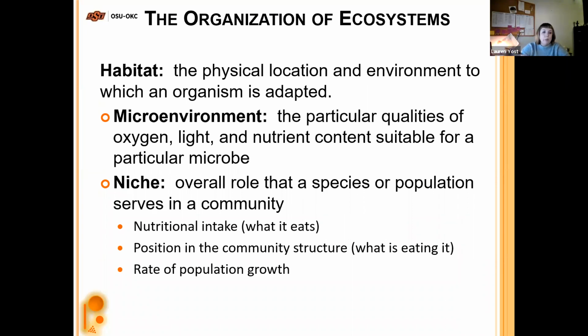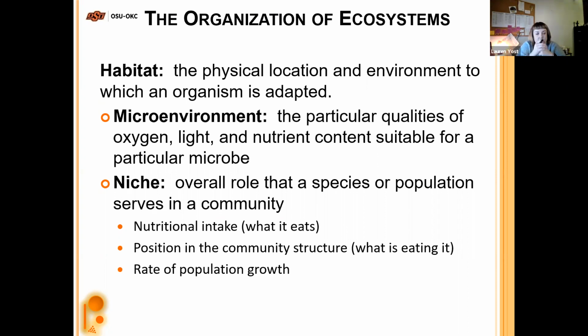The microenvironment is the particular qualities of that area that is suitable to that organism. Okay, that microbe, like E. coli, like whatever it specifically prefers to grow, those exact qualities. That includes the gas, like oxygen, light, temperature, all that stuff that makes it happy.